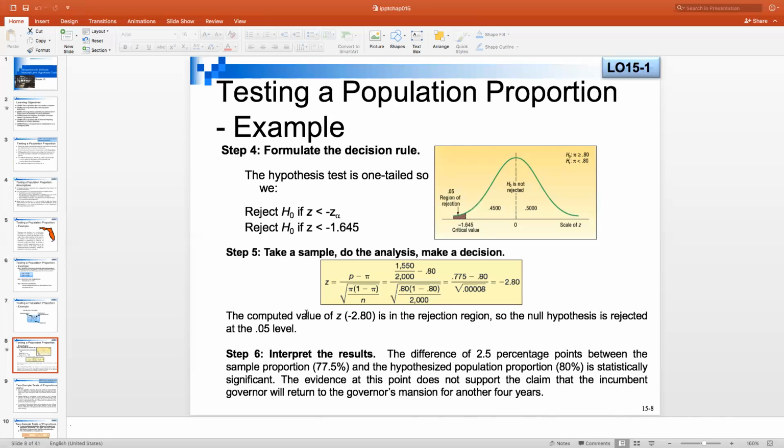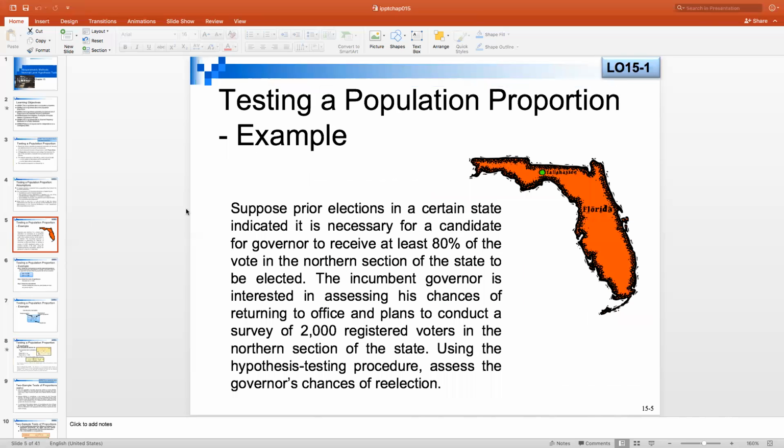Right. But based on this preliminary poll, remember, let's look at our language again. Suppose prior elections in a certain state necessary for this to happen. The governor is interested in assessing chances of returning to office and conducts a survey. So this is not a vote. This is a survey of 2,000 voters. And of these 2,000, 1,550 say, I'm going to vote for you. Okay.